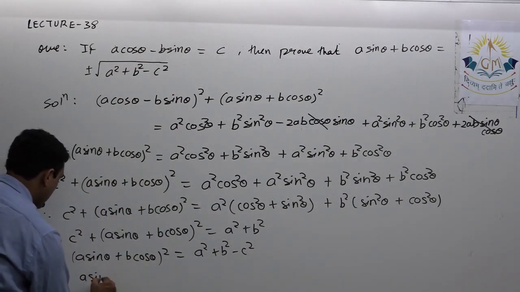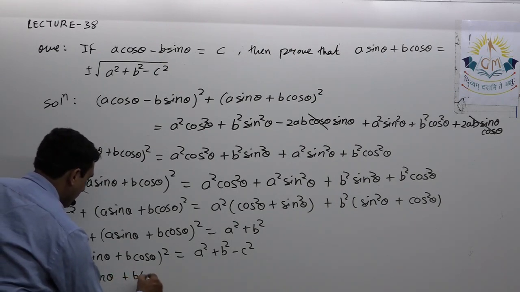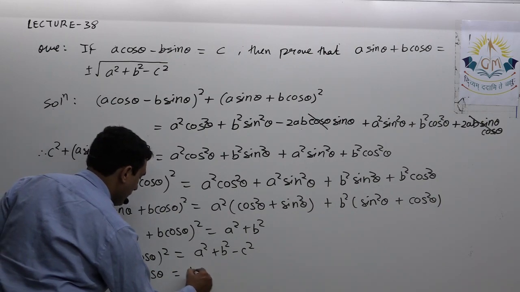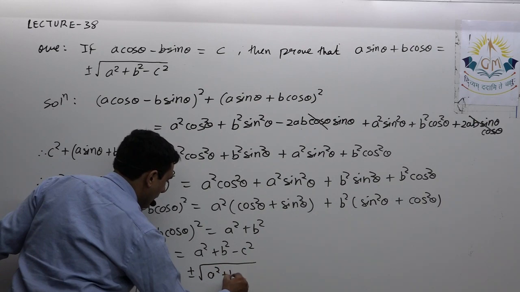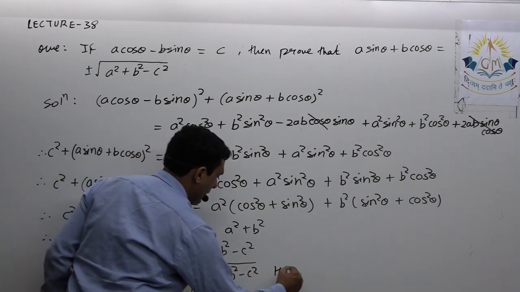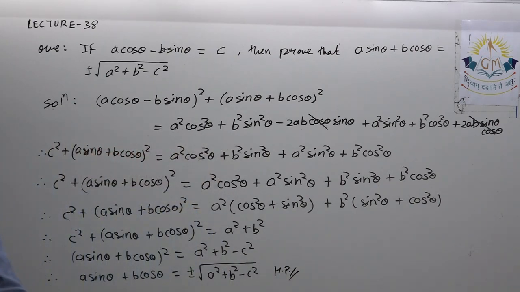Ultimately, when I take the square root of both sides, I will get the value of a sin theta plus b cos theta, that is equal to plus minus square root of a square plus b square minus c square, hence proved. Okay, so please note it down, then we'll see the next question.